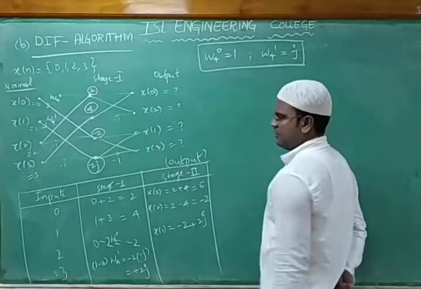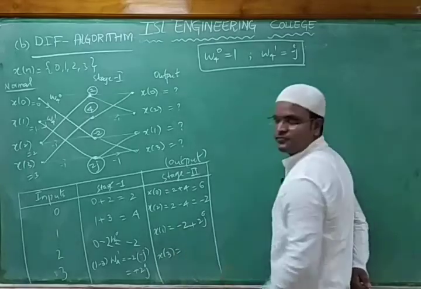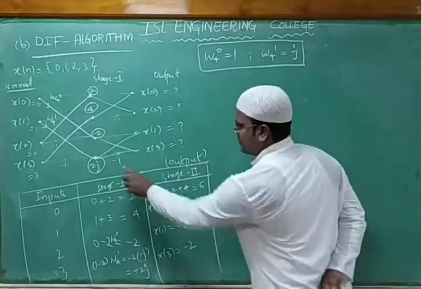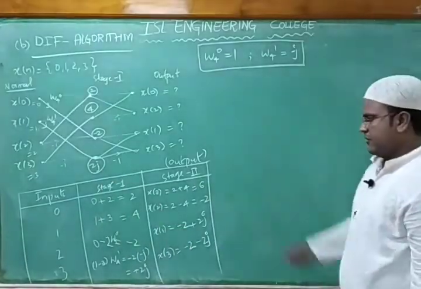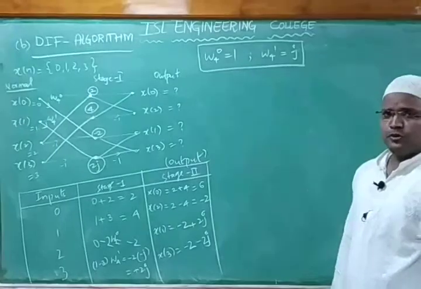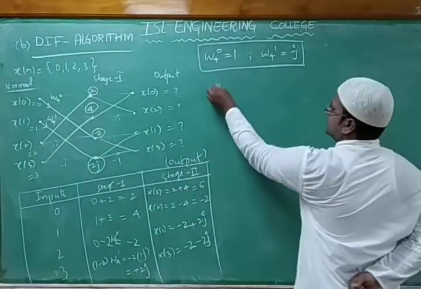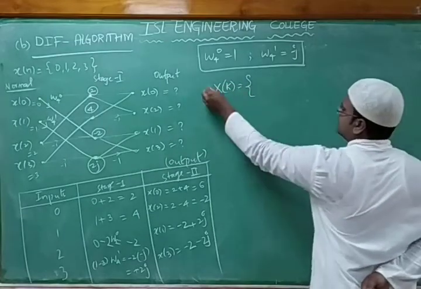Similarly for this end, tell me, what is this x of 3? x of 3 is equal to -2, this minus and this, it is what? -2j. So we wrote the output, but it is not in a particular sequence, right? We need to write the total answer. So therefore x of k is equal to, so we converted.